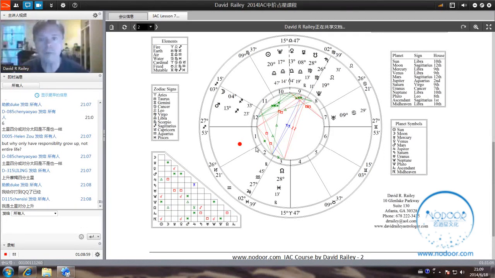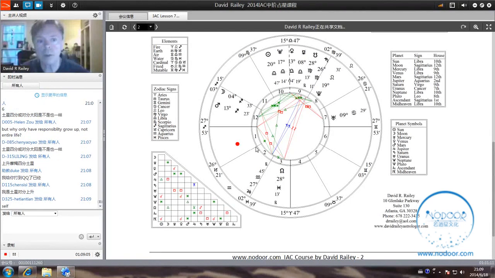For example, the ascendant square Saturn might also show a capacity for discipline, the ability to work the body very hard.